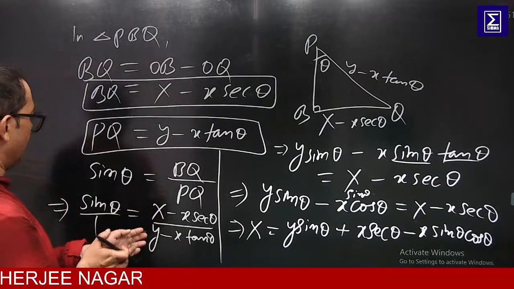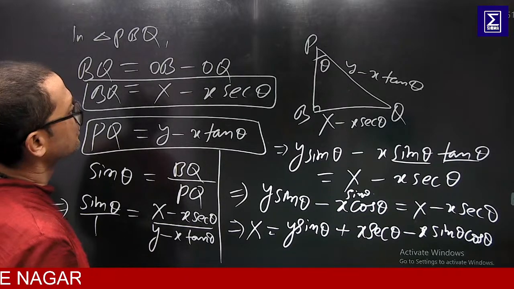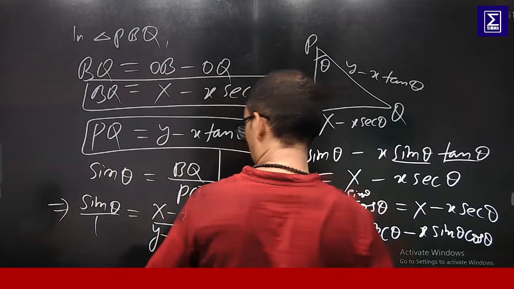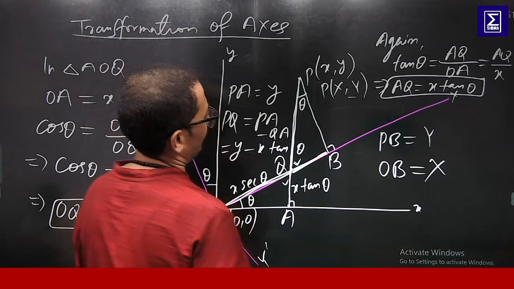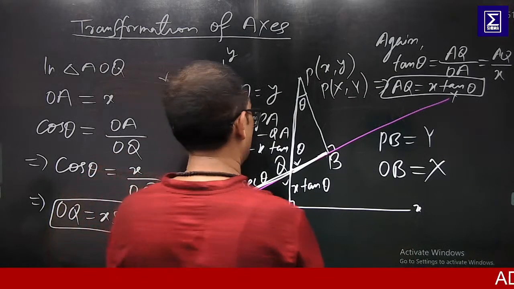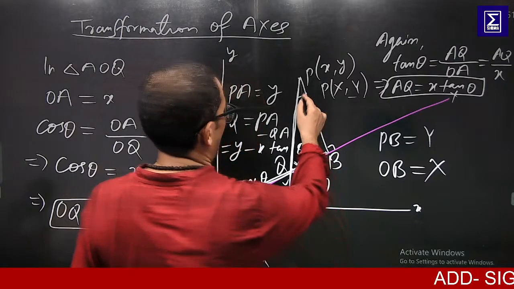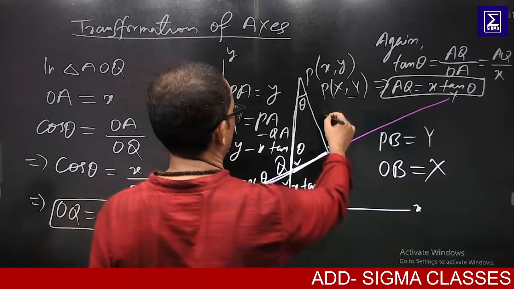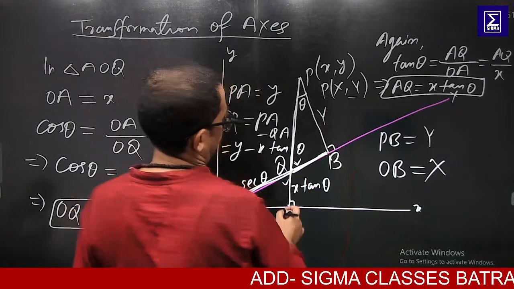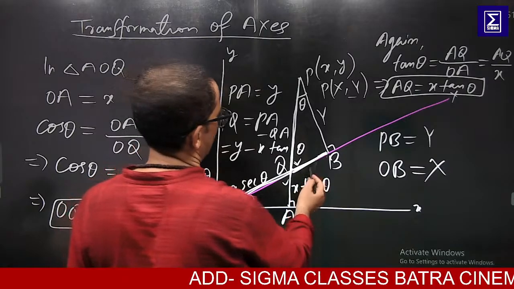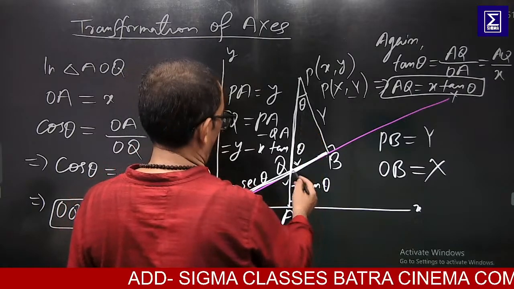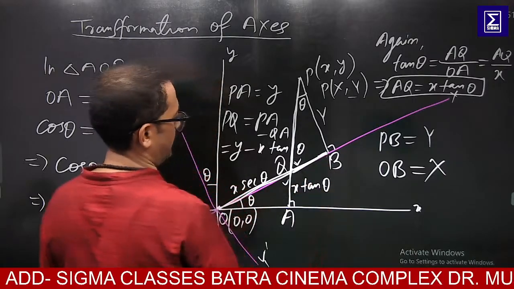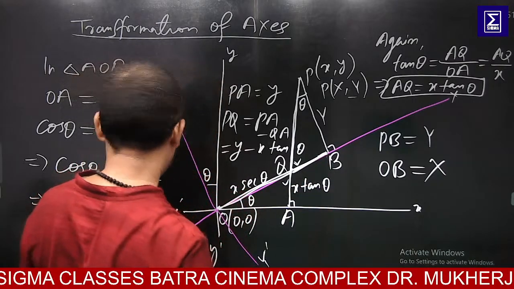So now basically we have to see some changes in this. In this triangle, PB is nothing but capital Y and OB is nothing but capital X minus x secant theta.